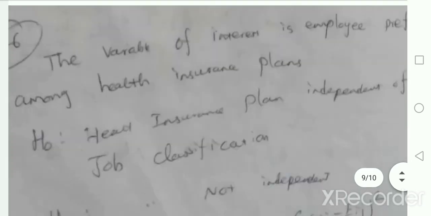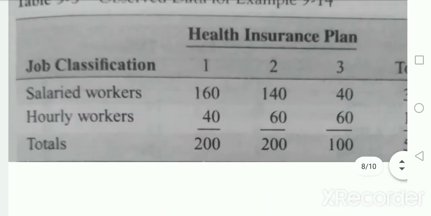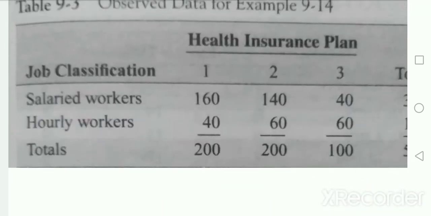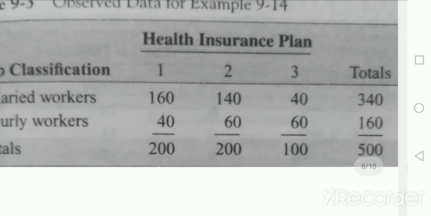For instance, for this 160, which is the observed frequency, the expected frequency is the row total 340 into column total 200, divided by grand total 500.